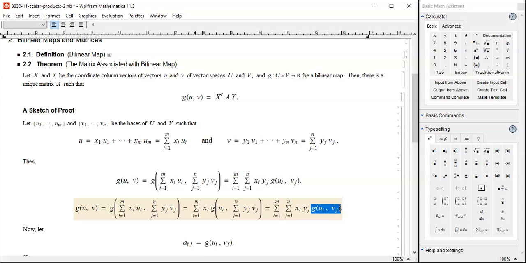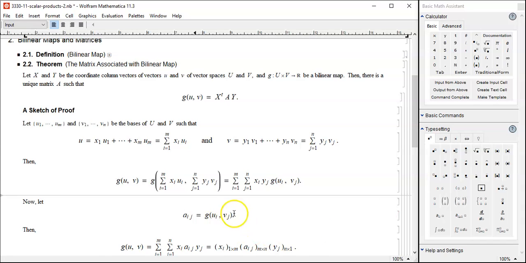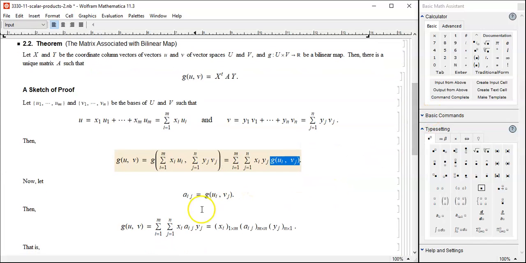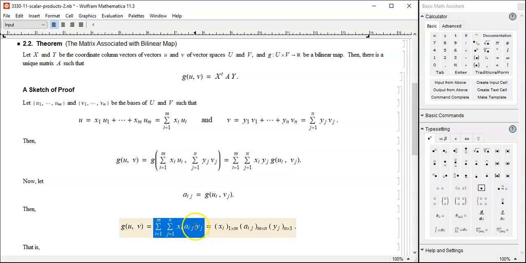We're going to set this g of ui comma vj as aij. Then this thing here is going to be aij. So this whole thing can be rewritten like this, where aij is equal to that.